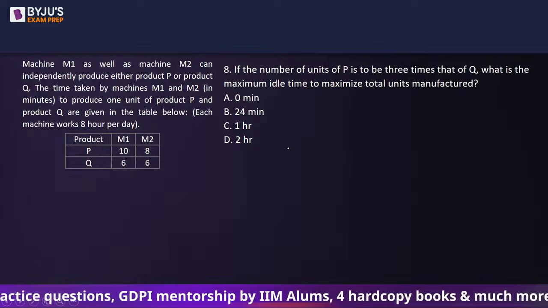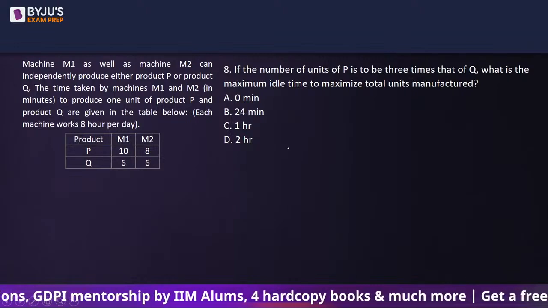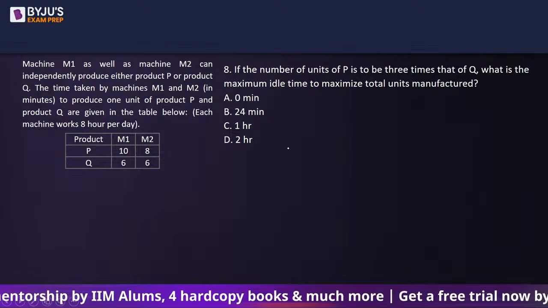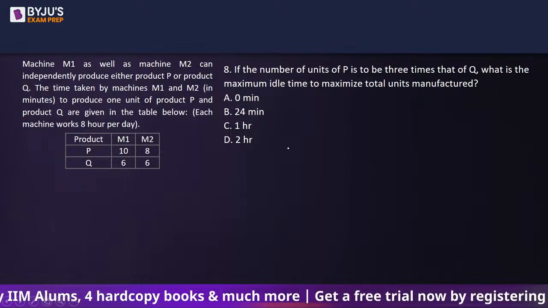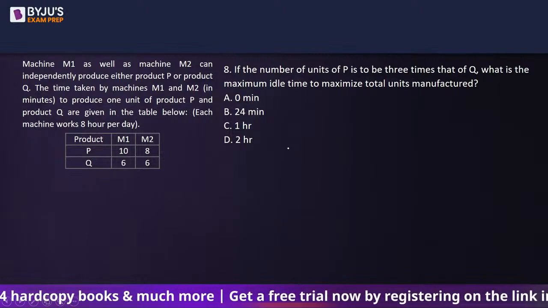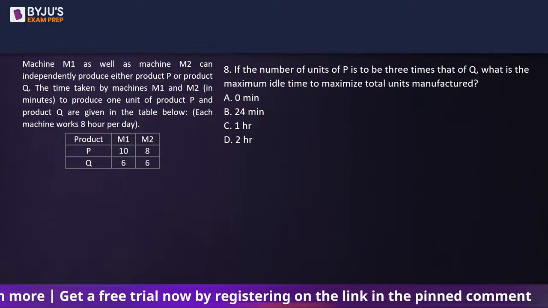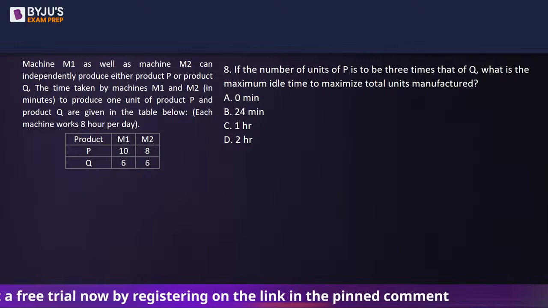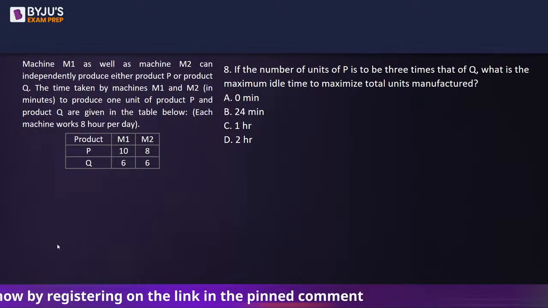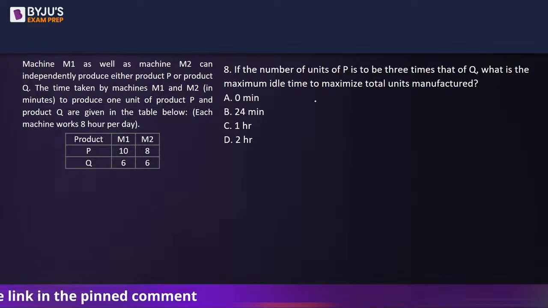If the number of units of P is to be 3 times that of Q, what is the maximum idle time to maximize total units manufactured? Now, since P has to be produced the most, we will make sure that M2 does it.